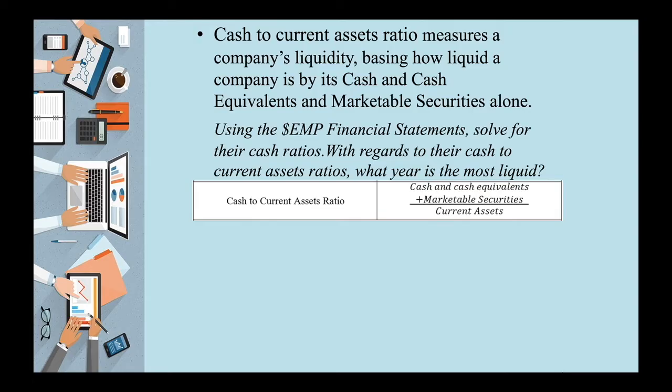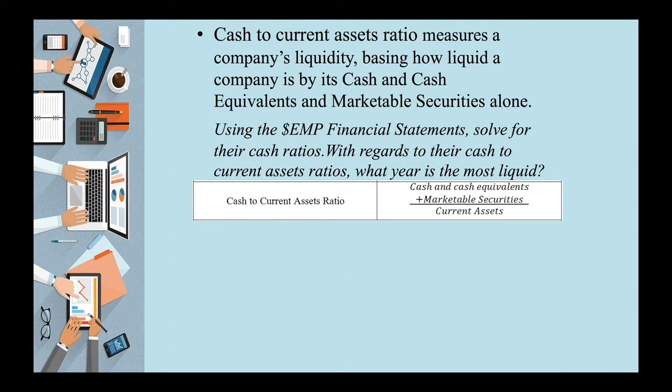So, using the EMP financial statements, solve for their cash to current assets ratios. What here is the most liquid? When we say liquid, guys, this is the ability of a certain asset to quickly turn into cash, maging pera siya. That is the liquidity.